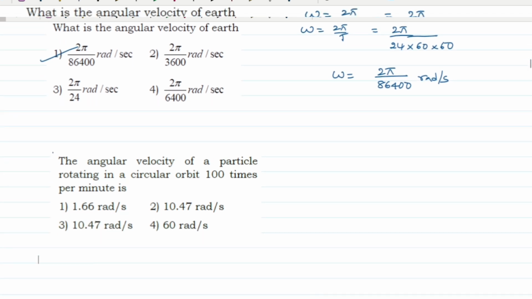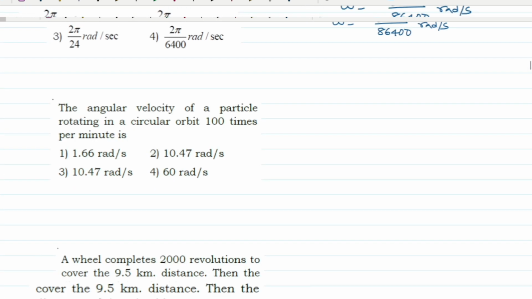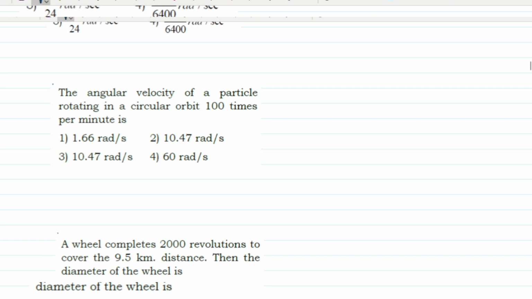Let us see the next question. The next question says the angular velocity of a particle rotating in a circular orbit 100 times per minute they are asking. So here we need to calculate angular velocity. Angular velocity is nothing but angular displacement by time. It is going to complete n rotations in a minute, so theta equals 2 pi n by t. Which is nothing but 2 pi into n, the number of times, 100 times.